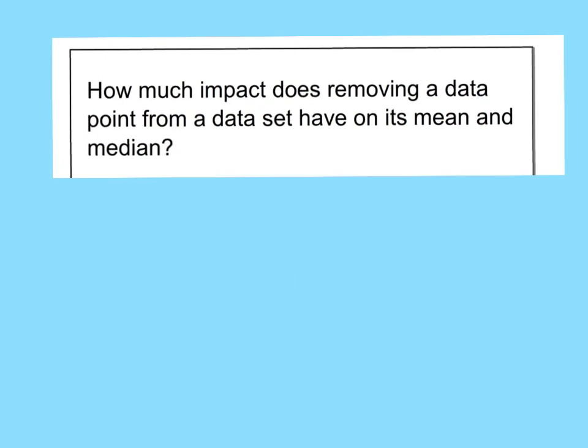All right, how much impact does removing a data point from a data set have on its mean and median? So just for you to think about, if we remove something from a set, if the value is an outlier, the value will have a great impact on the mean. So again, thinking back to that scoring, imagine if you always get 90% or higher on your assignments, and then you have one lower score, maybe in the 60s.